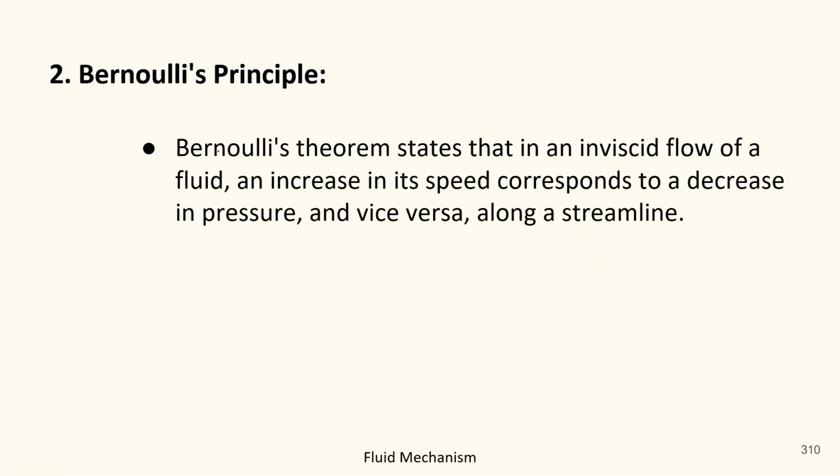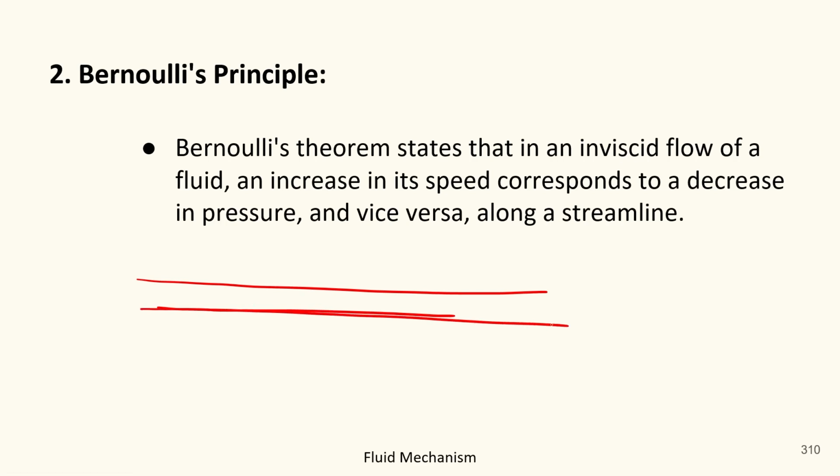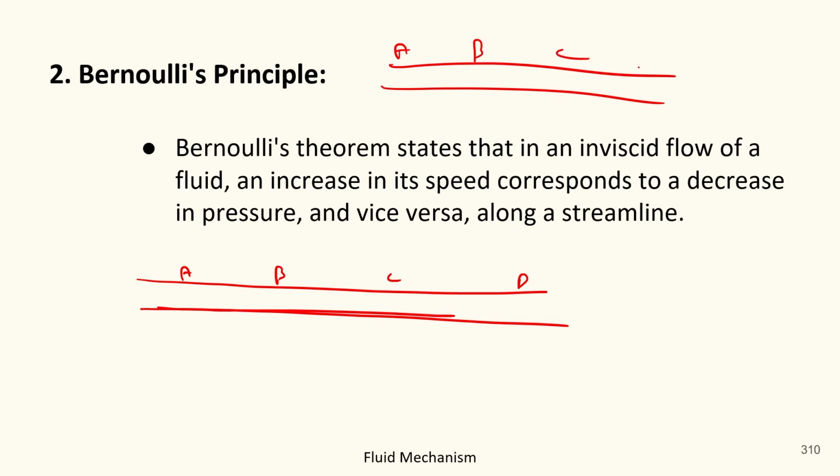Basically, there are two types of flow. Like this is a pipeline. There are several points, point A, point B, point C, point D. There are two types of flow. One is streamline flow. Second is turbulent flow.